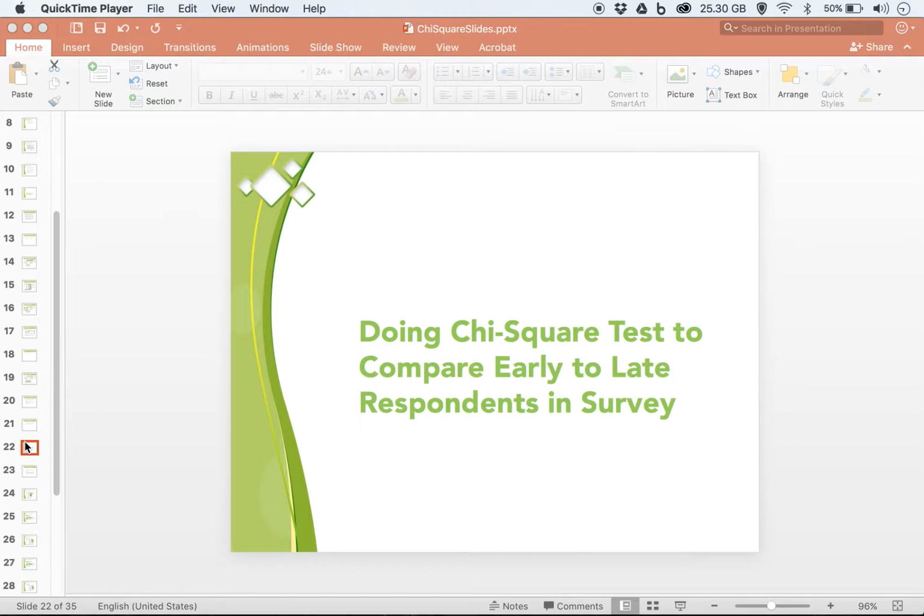And our typical method for identifying the non-response bias presumes that our non-responders are more similar to our late responders than our early responders. So that helps us control for our non-response error, ensuring that our early and late respondents are not different in their ways of answering the survey items. And we use the chi-square test when comparing these two groups on different categorical variables.